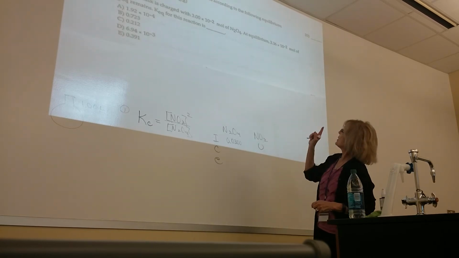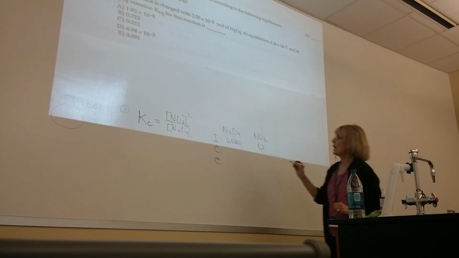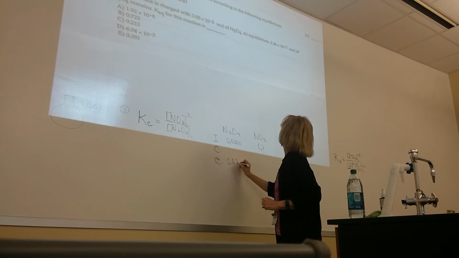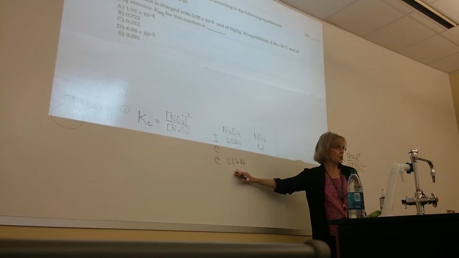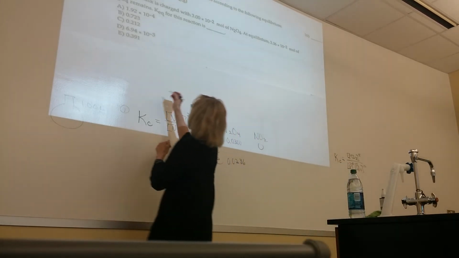The other thing they tell us, though, in the next sentence is that we have an equilibrium. And I'm just moving this into regular notation, just my preference. If you don't like it, don't do it. That's what we have in equilibrium.